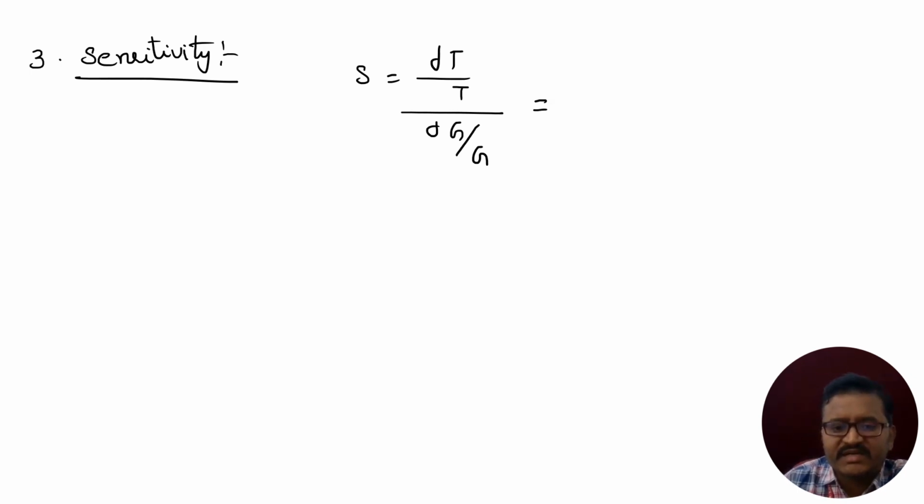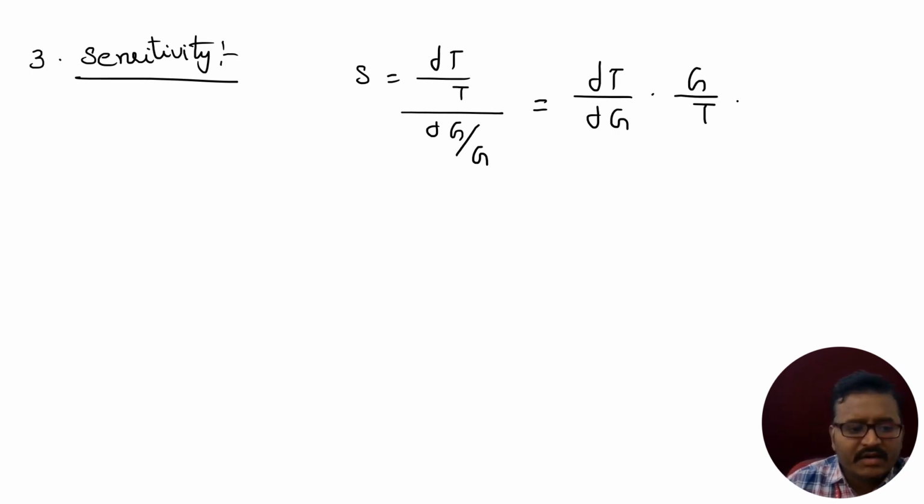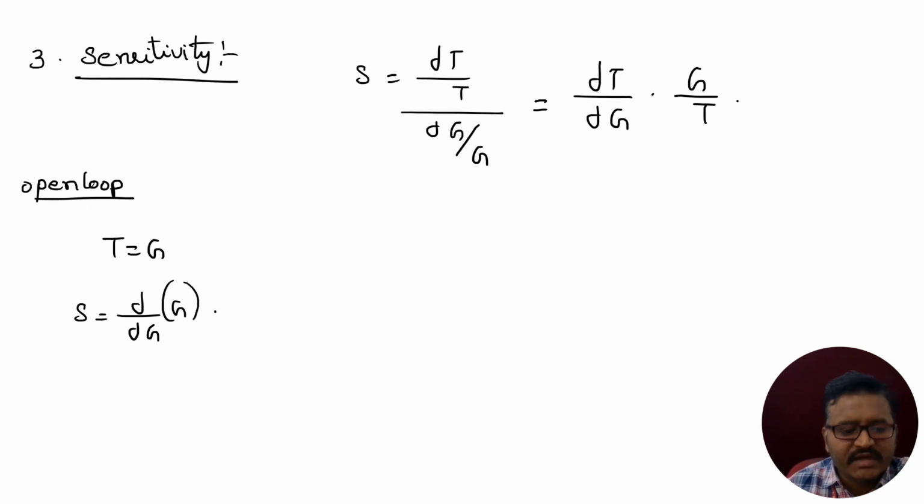This can be rewritten as ∂T by ∂G into G by T. For an open loop, T equal to G, then S is equal to ∂G by ∂G into G by T. G by T is 1, so it gets cancelled. ∂G by ∂G is 1. So sensitivity is equal to 1.